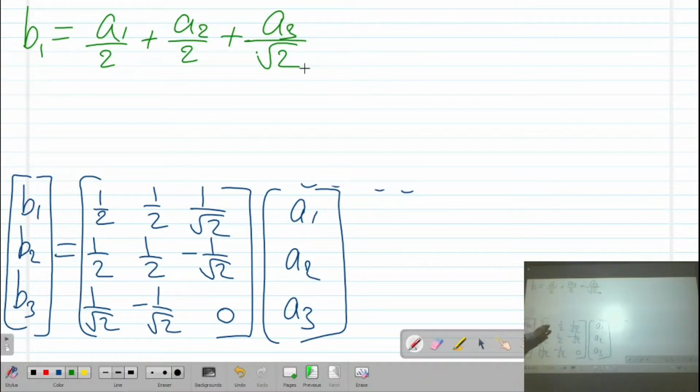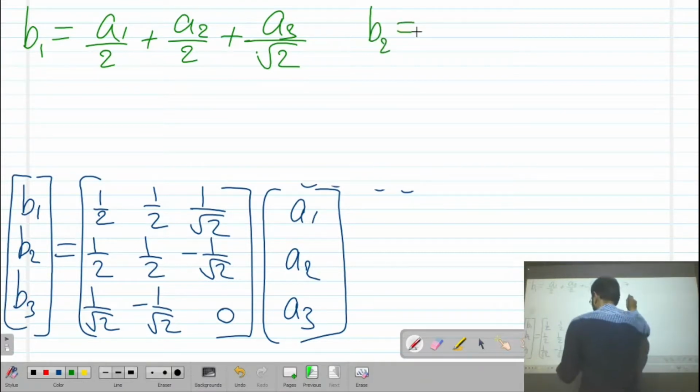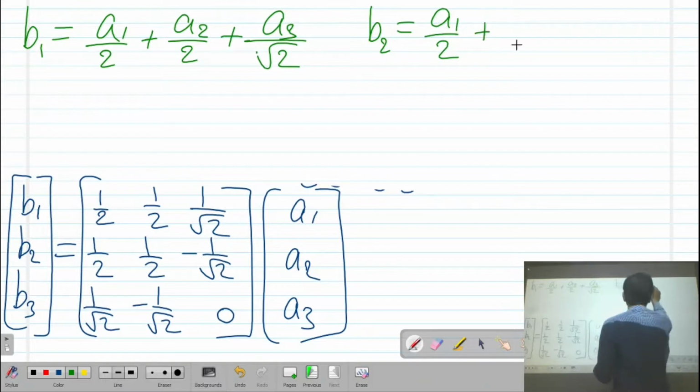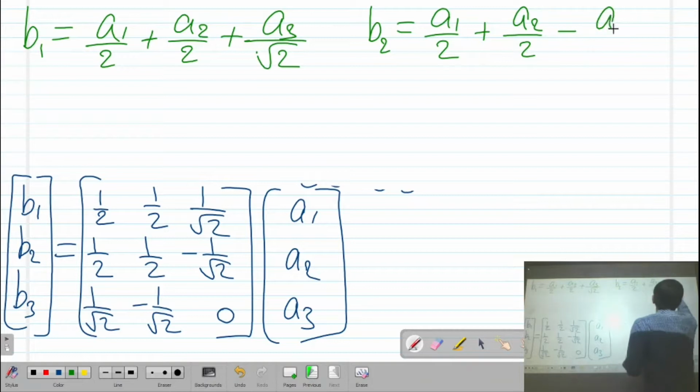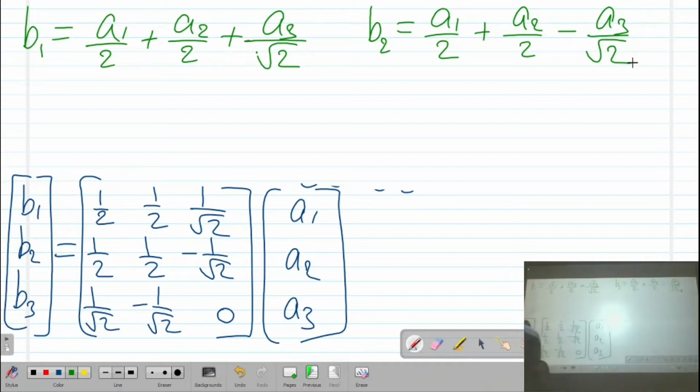In the similar way, B2 will be equal to A1 by 2 plus A2 by 2 minus A3 by root 2.